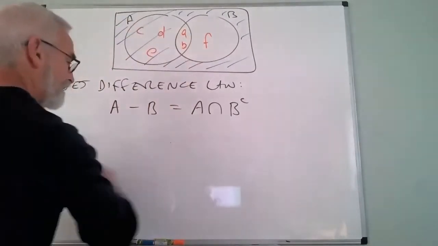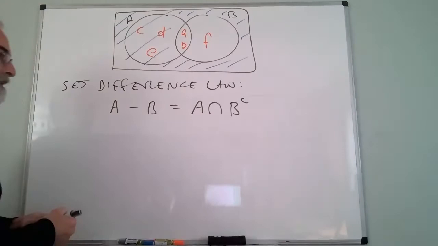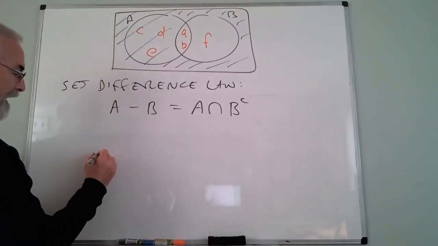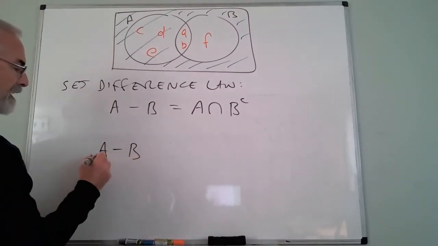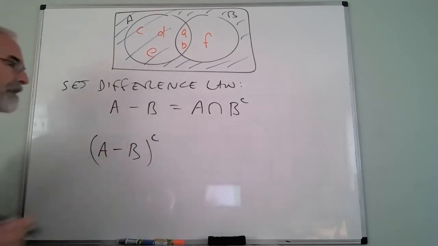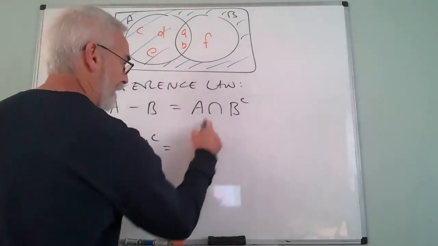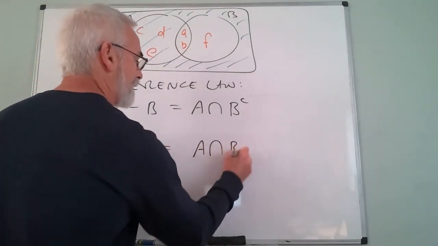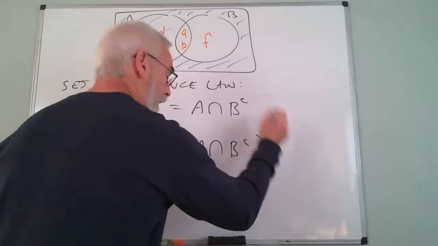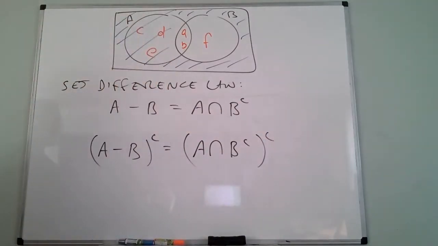So from a De Morgan's standpoint, if I had something like this, for example, if I had A minus B and I wanted the complement, well, what would that be? Well, that would be A intersect B complement. Now I can use De Morgan's law.